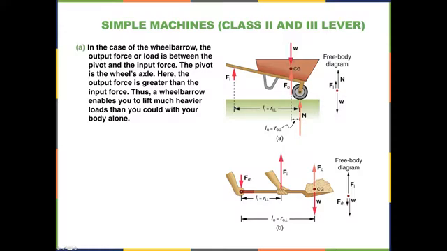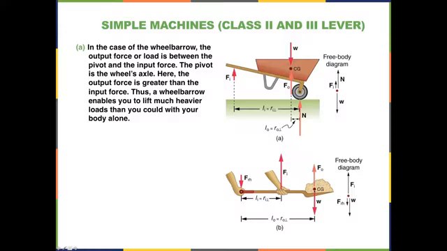And that's what a second class lever is. The torque from your input is this distance times this force, and the torque from the output is this force times this smaller distance.